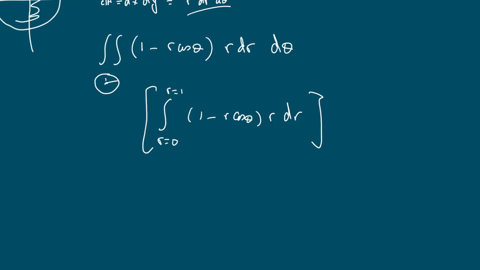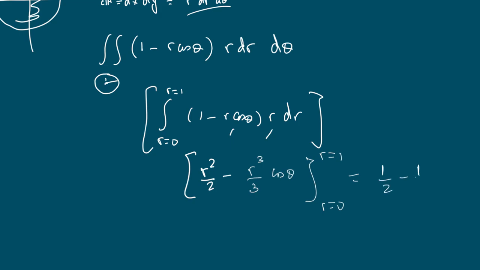So this will be r squared divided by 2 minus, r times r is r squared, the integral is r cubed divided by 3, times cosine of theta, evaluated between r equals 0 and r equals 1. r equals 0 gives nothing. So this will be 1/2 minus 1/3 cosine of theta.